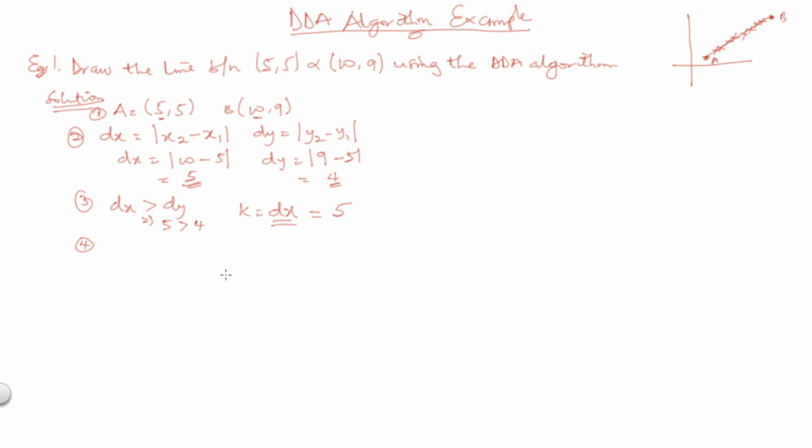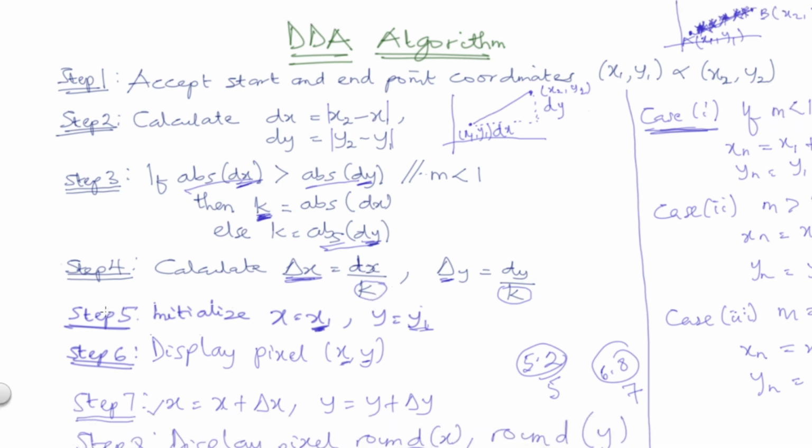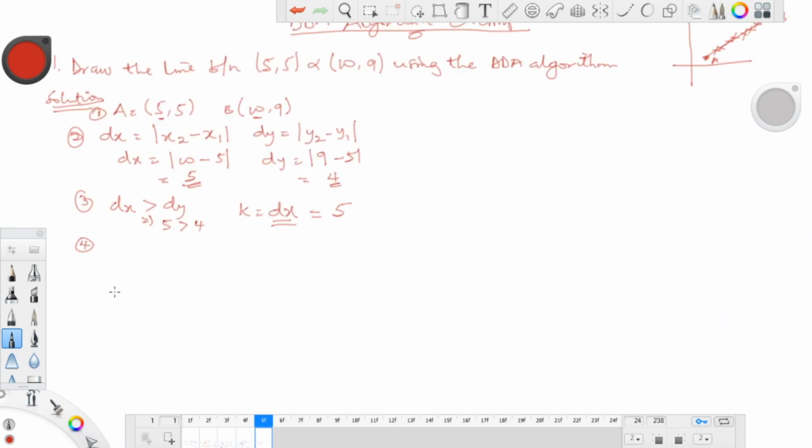The next thing is to go to the next step of the algorithm, where we calculate the change in x and the change in y. The change in x is dx over k, and the change in y is dy over k. So the change in x is dx over k, and dx is 5 from step 2, and the value of k is also 5.